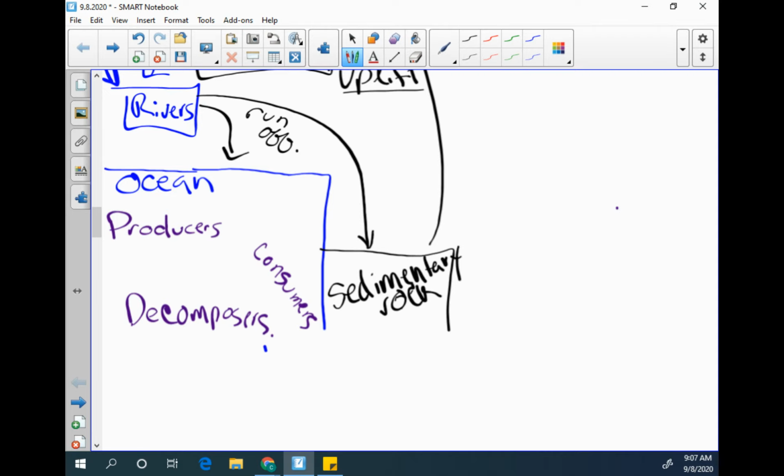Decomposers can get phosphorus by, guess what, decomposing both producers and consumers. If producers die, if consumers die, decomposers will get them in the end. Producers will also give phosphorus to consumers because the consumers will eat the producers. And the decomposers will break that phosphorus down to where it floats around in the ocean, and the producers will suck that up.